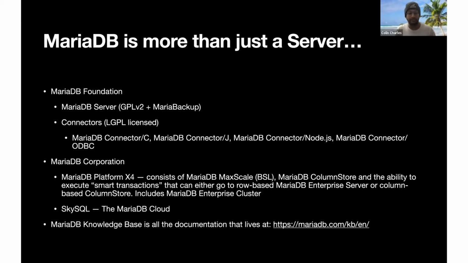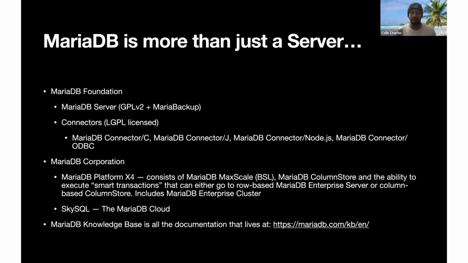Of course, the corporation also offers something called Platform X4, and that one consists of MariaDB MaxScale, which is business source licensed. So probably don't have to go too much into that on this slide, but maybe on the next one. There's also ColumnStore, which will allow you to then execute this idea of a smart transaction. So when the transaction comes to MaxScale, it can decide, should it go to the row-based MariaDB Enterprise Server or the column-based ColumnStore?